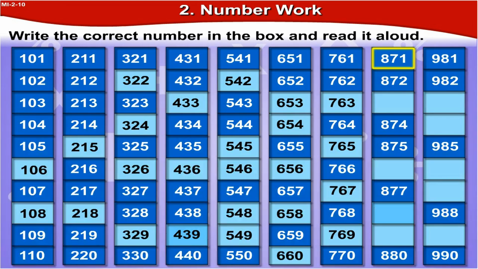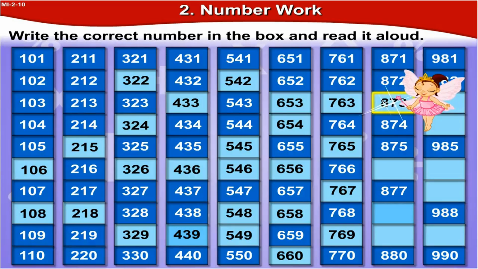Now the next column. 871, 872, now a box. Well, after 872 you have 873. That is 873, so write it in the box. Now 874, 875, another box. After 875 you have 876, that is 876, so write it in the box.